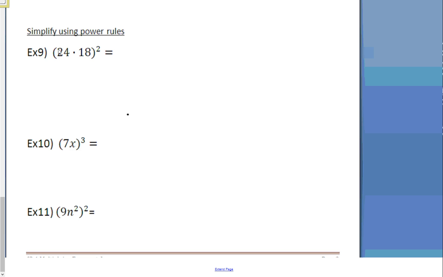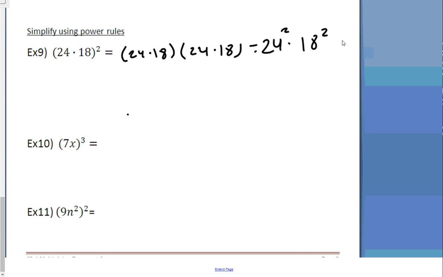So on this first problem, 24 times 18 squared means 24 times 18 times 24 times 18, right? Which, if you got technical, means 24 squared times 18 squared. Because why is that true? Because I have two 24s and I have two 18s, right? 24 squared times 18 squared.